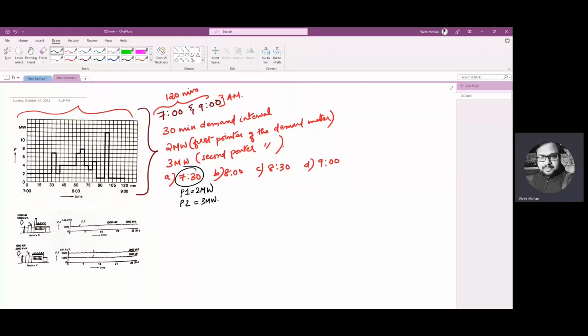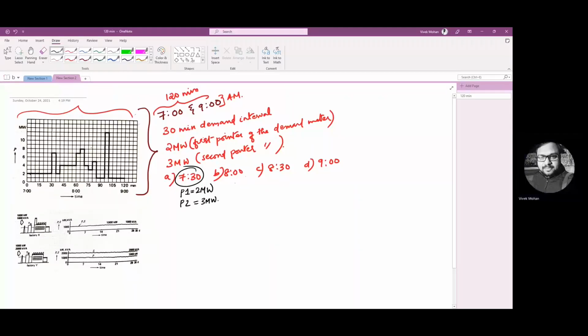To find the energy, you have to multiply megawatts with the corresponding time interval, because the power consumption is not uniform. For different time frames, we have different power consumptions. So I'm going to find the energy now.